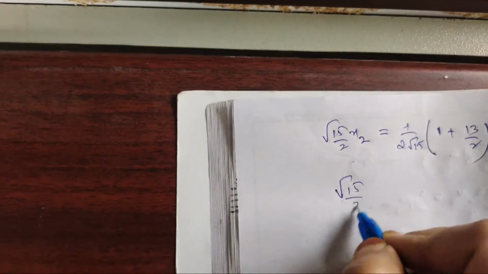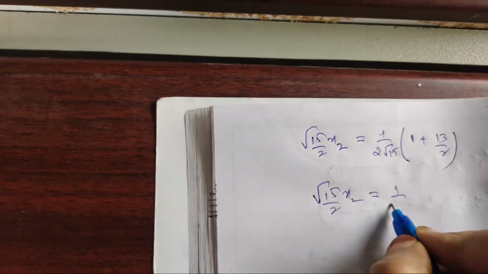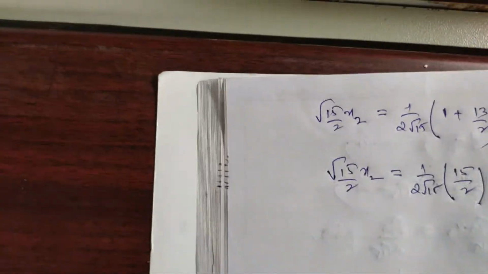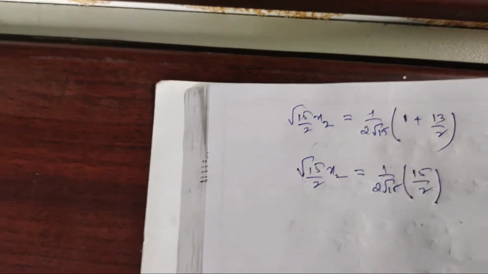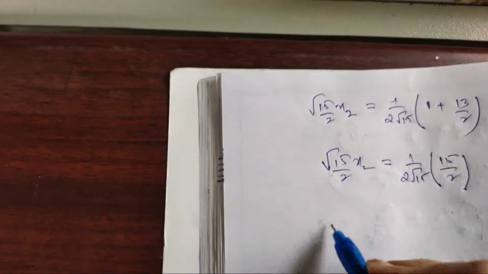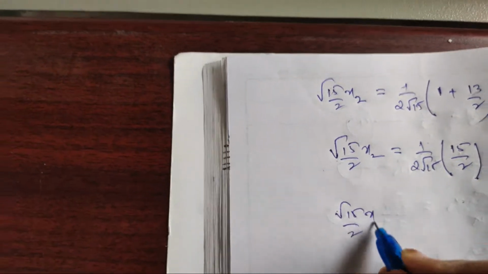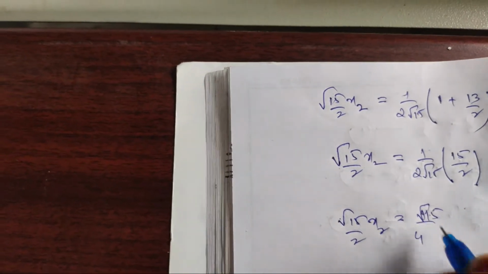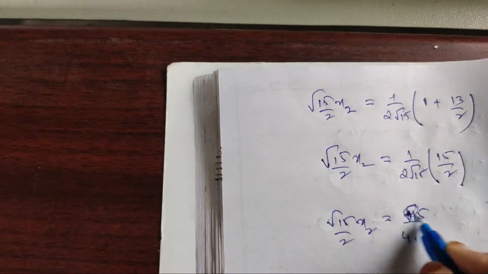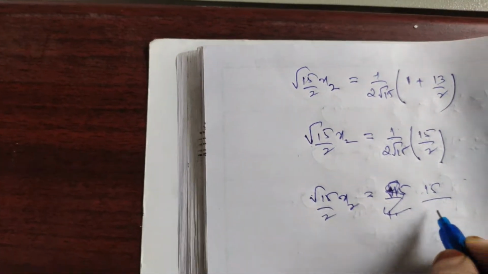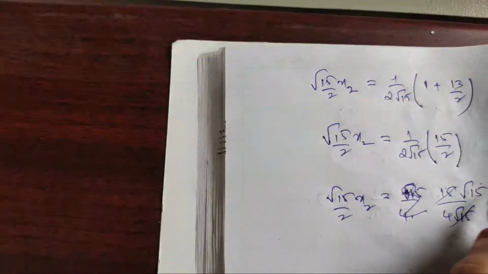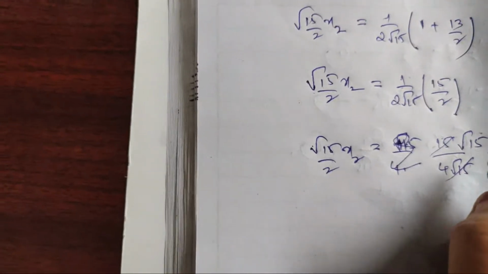Root 15 by 2 x2 is equal to 1 by 4, 15 by 4 root 15, so the roots will get cancelled, and we are left with root 15.